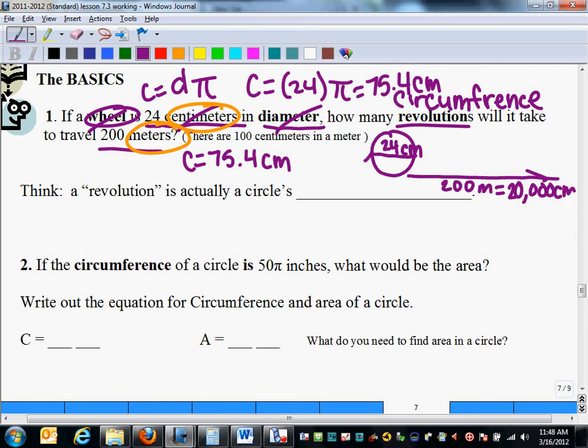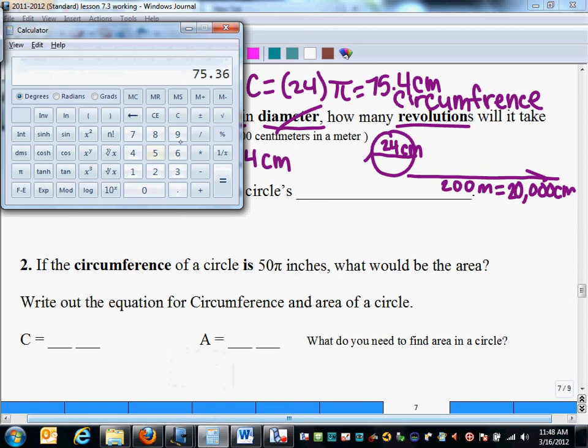Okay, now you got the circumference. Now you're going to take 20,000 and divide by that. Okay, now I'd like you to circle the 50.